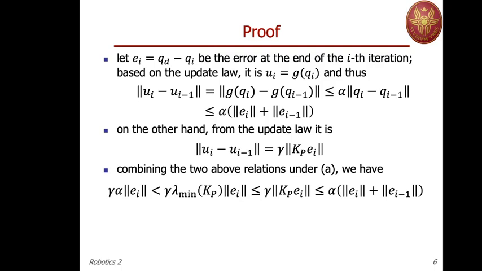Now, if you look at the first and last of this chain of inequalities, taking into account a strict inequality in the first place, you can divide by alpha, so alpha becomes irrelevant in the sequence, and then divide by gamma, so you have on the left hand side the norm of ei, the error at the end of iteration i, strictly less than 1 over gamma times the sum of the norm at that iteration plus the norm at the end of the previous iteration.